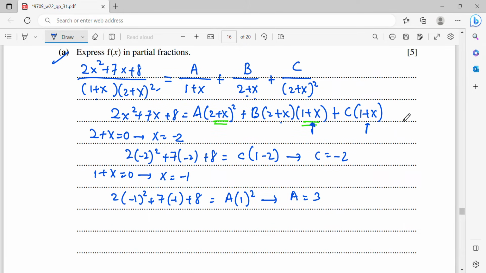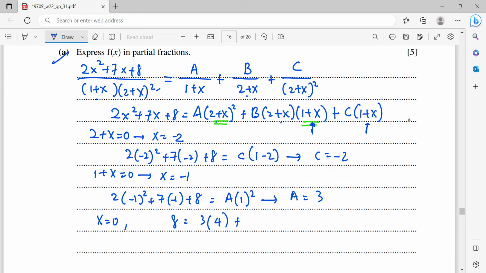Alright, so lastly, you may substitute any other x. So the easiest is let x be 0. So left hand side 2 times 0 plus 7 times 0 plus 8, I will just write 8. Then it will be A is 3, 2 plus 0 is 2, 2 squared becomes 4.